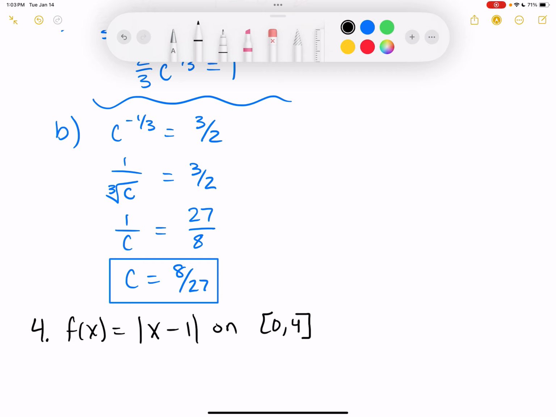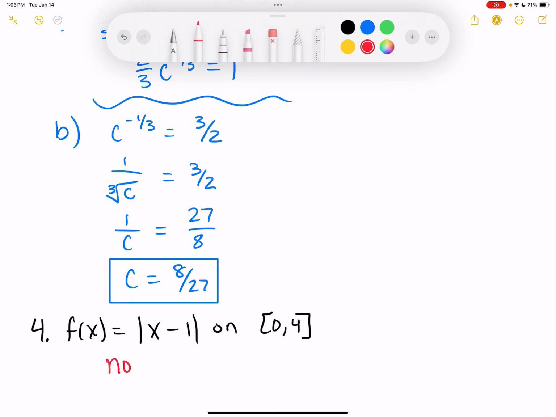A discontinuity, which means what? What's the very first line of your mean value theorem say? Something about continuous at every point and differentiable. So the answer is no.